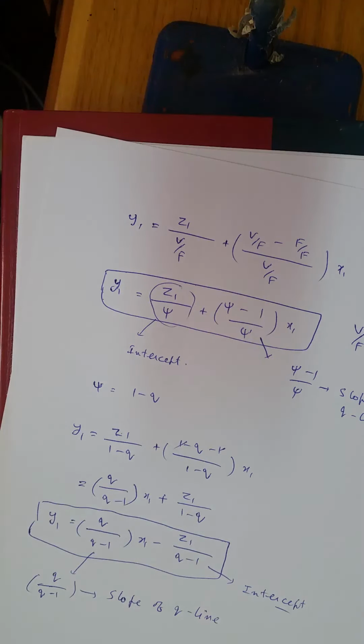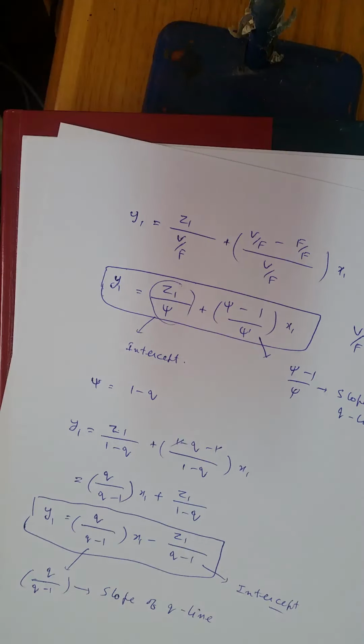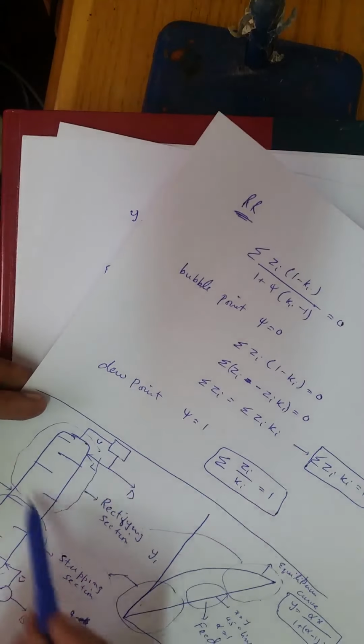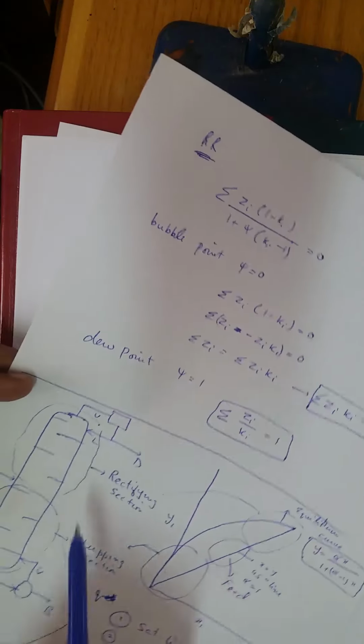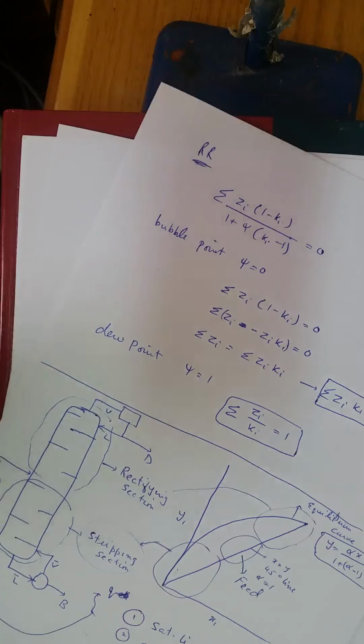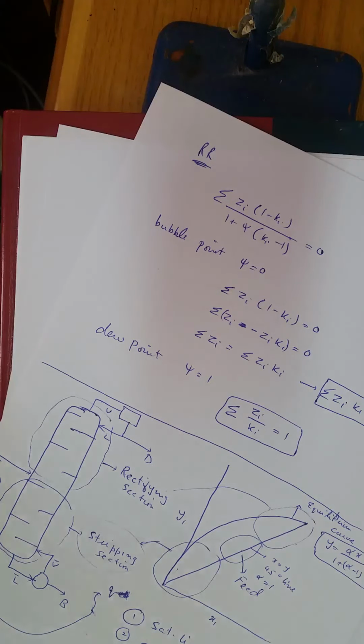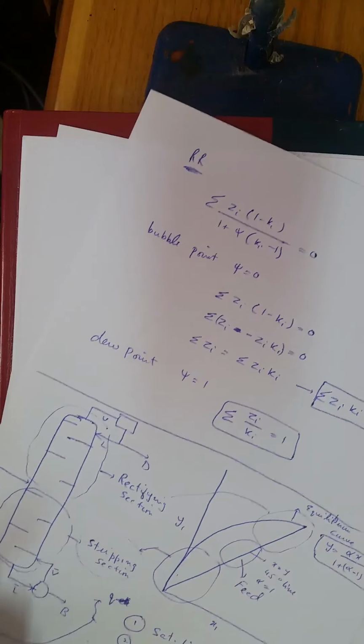We will discuss the other lines in chapter 7. We discussed already the q line. Chapter 7 will start with the rectifying line and stripping line. But before that, we need to see some theory of chapter 7, what is distillation, and then we can talk about distillation, the McCabe-Thiele method, and then the Ponchon-Savarit method.